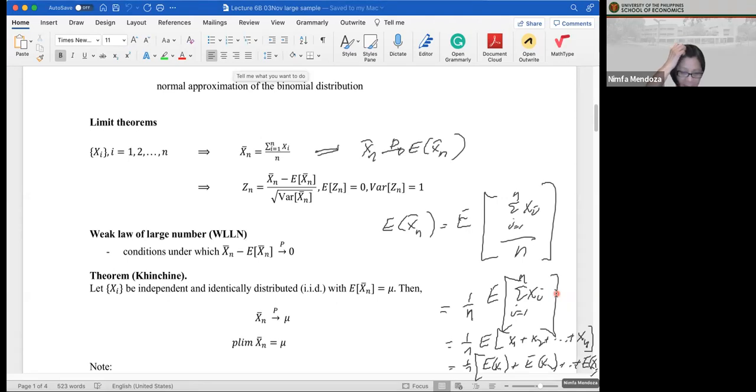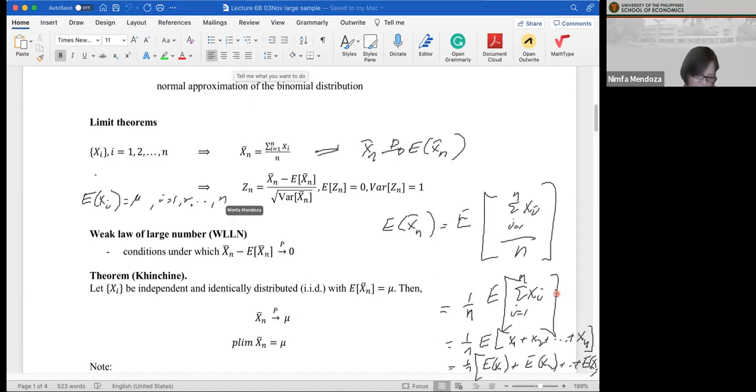If they all come from the same population, let's say the expected value of X sub i is equal to mu, i going from 1 to n.